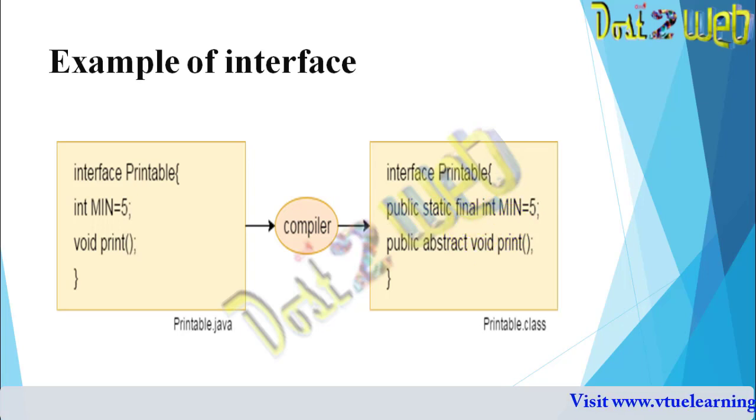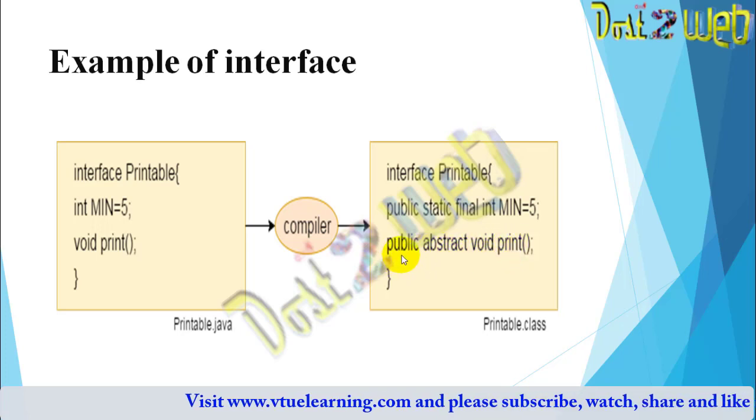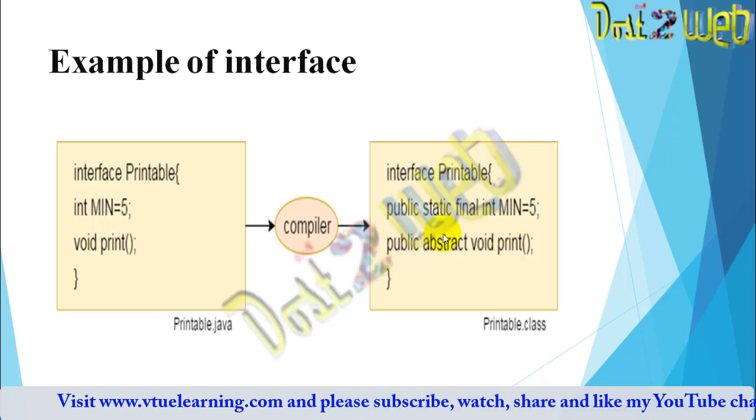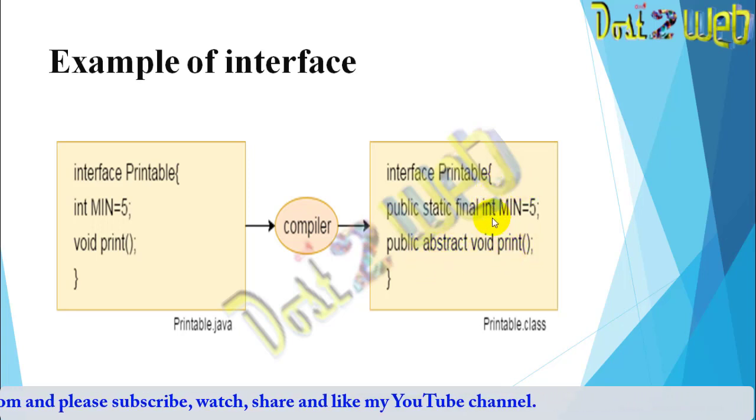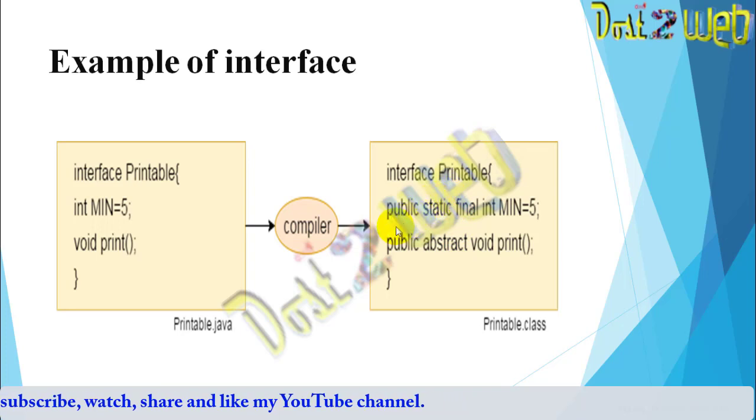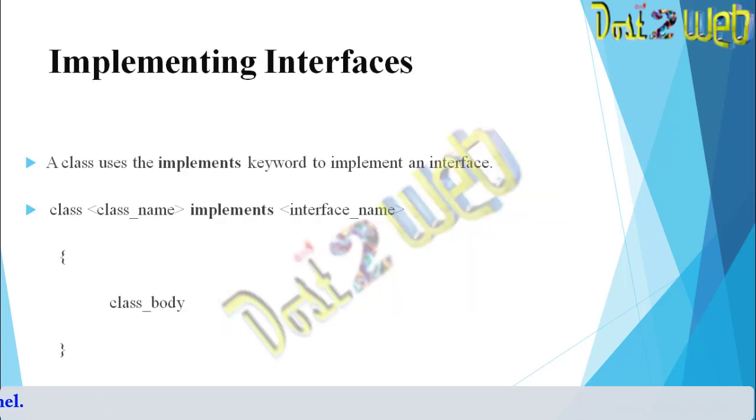It will add public abstract. As we saw at the start, when declaring a method it should be an abstract method, so we use public, then the abstract keyword, then the method name. For variables, declare public static final in your variable declaration, and similarly public abstract for methods. This is how you should define them in interfaces.